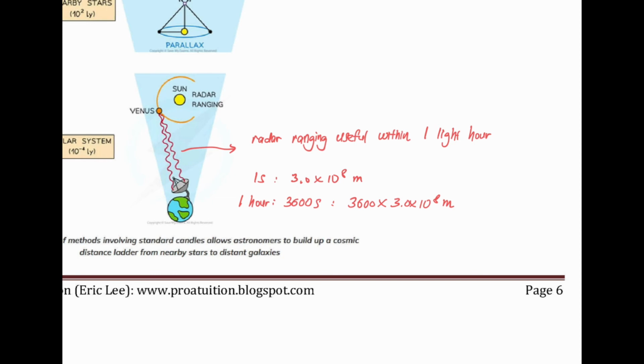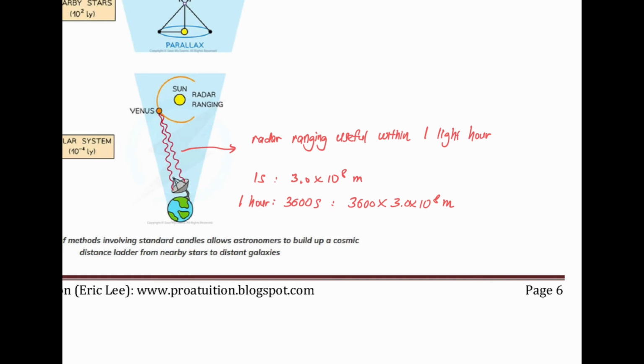This is the distance of 1 light hour: how far light can travel in 1 hour. It's a very big value in meters. Radar ranging can reach this distance only. More than this distance, we have to use different methods.